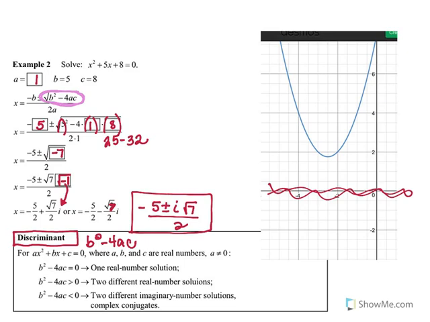If it's equal to 0 underneath the radical, we'll end up with one real number solution. If it's greater than 0, so it's positive, we'll end up with two different real number solutions. Or if it's negative, such as this last one we had, we end up with two different imaginary number solutions, right? One with a positive and one with a negative.